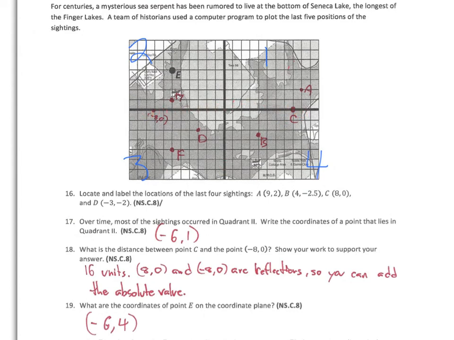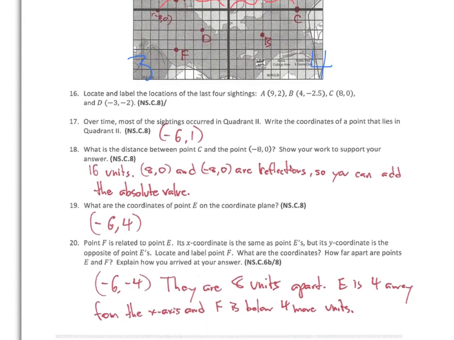Here's the y-axis, and we cross over the y-axis over here. So if we were trying to measure how far away it is, we know that this is 8 away, and this also should be 8 away. So it's a total of 16 away, which I wrote here, 16 units.